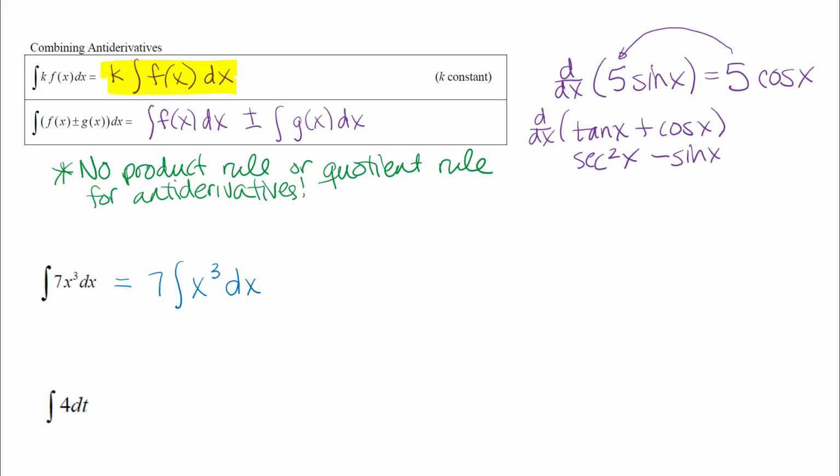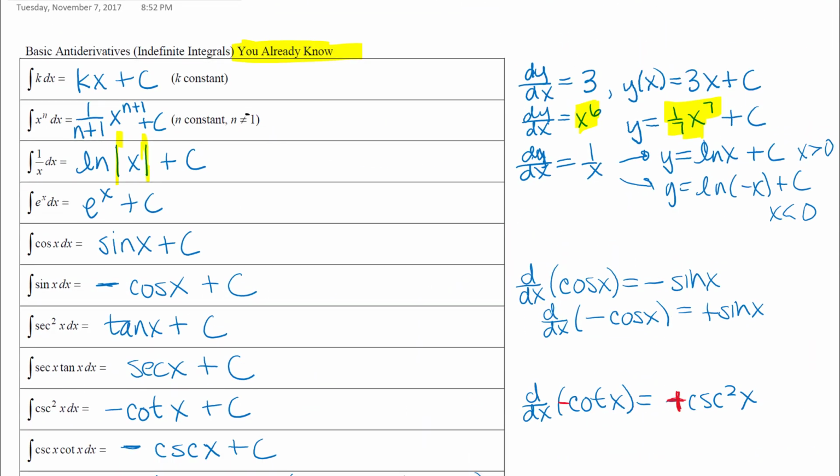All right, so I'll have 7 times, and now I'm going to think through my antiderivative rules. So we had one for powers, that was up near the beginning. I'm going to scroll up really quick to the table here. So the property for powers that we had is the second one in my chart here. The integral of x to the n with respect to x is 1 over n plus 1 times x to the n plus 1.